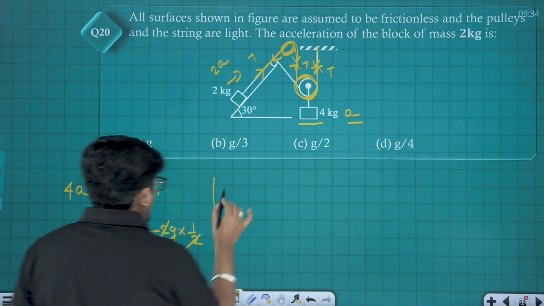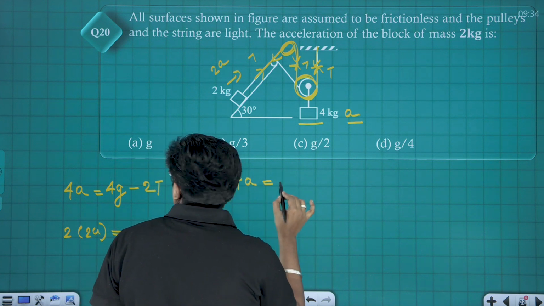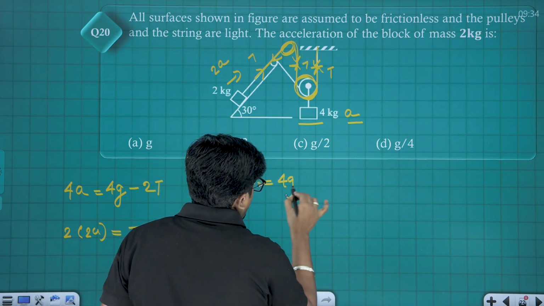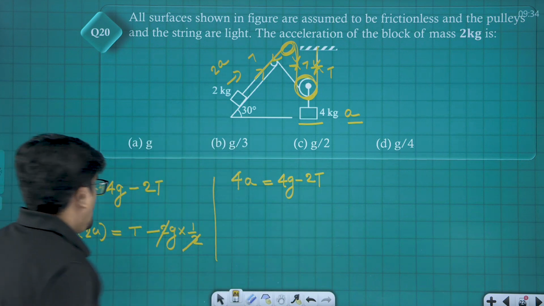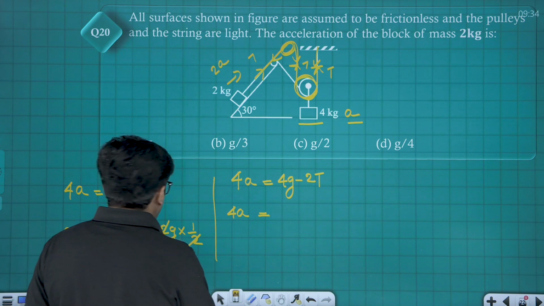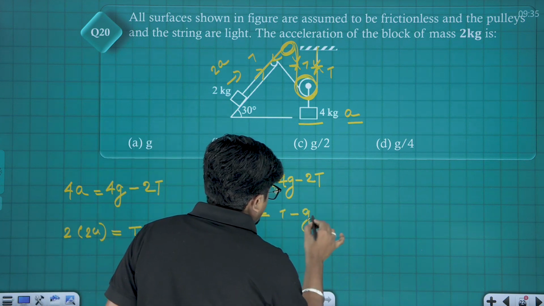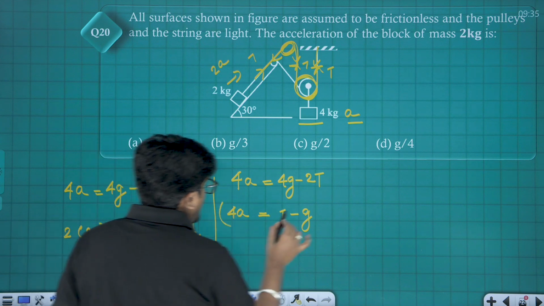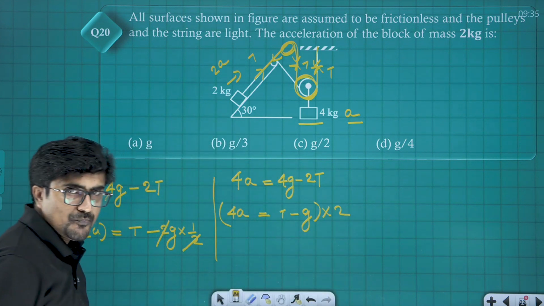Now equation number 1 I am writing as it is, 4 times a, that is 4 times g minus 2 times T, and here again 4 times a is now equal to T minus g. Now let me multiply this entire equation, left hand side as well as right hand side, with 2.